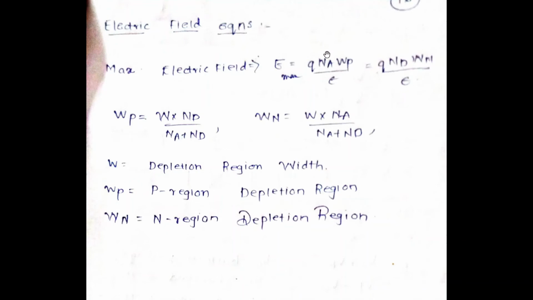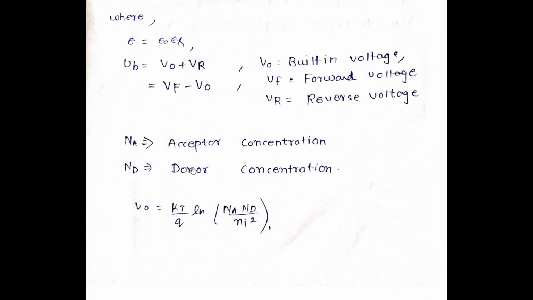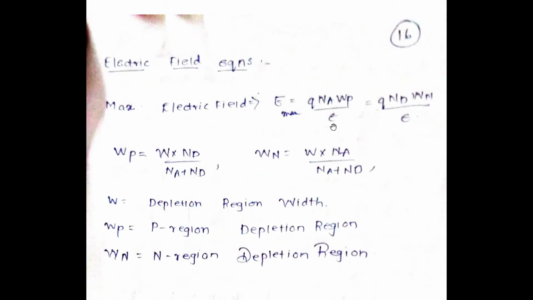Again, q is the charge, Na is the acceptor concentration, Nd is the donor concentration, and epsilon is epsilon naught into epsilon r. What remains is Wp and Wn. Wp is given by W into Nd upon Na plus Nd, and Wn is given as W into Na upon Na plus Nd.